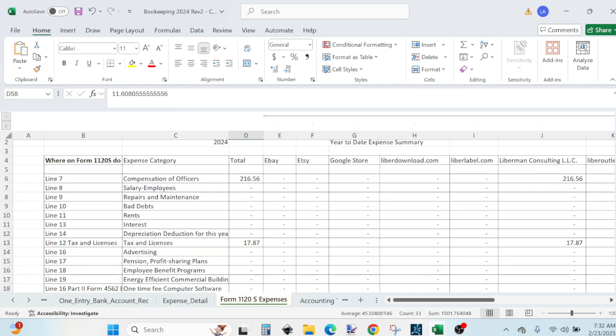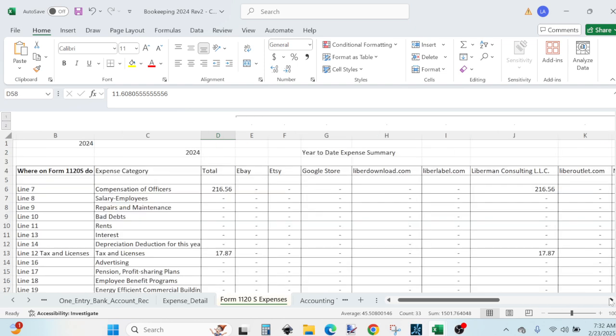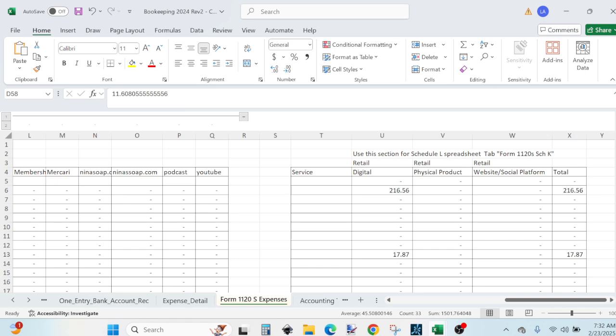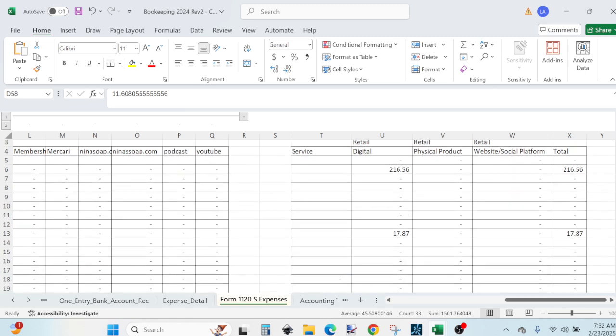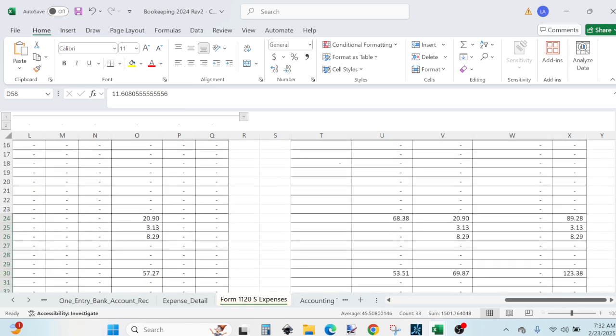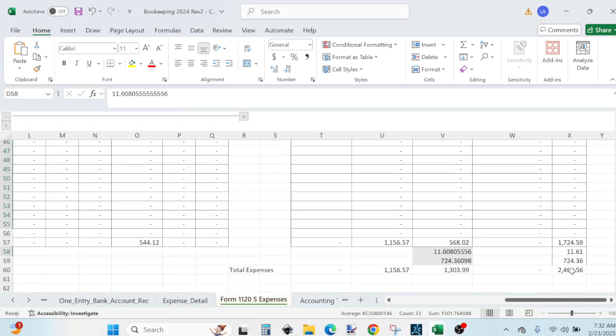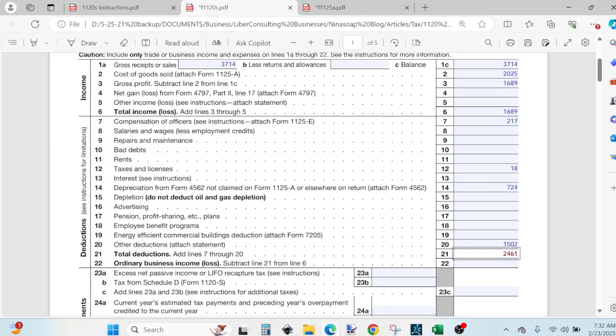Let's go up a little bit and go down here. Okay, 2461. So 2461 is that.